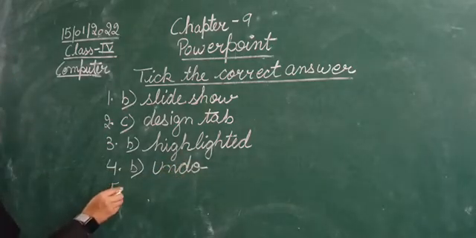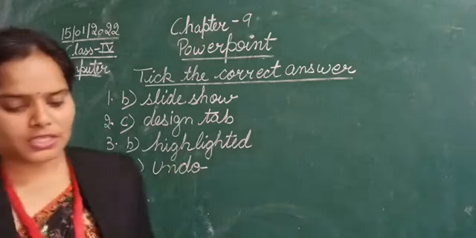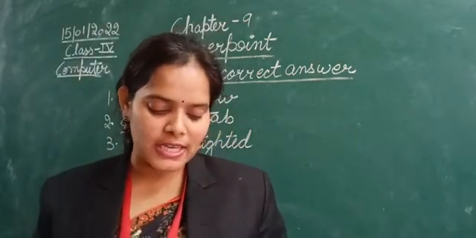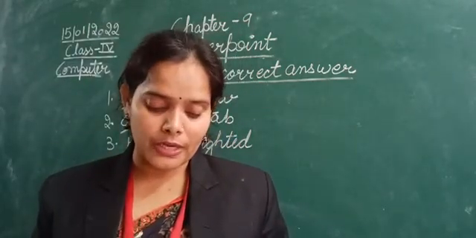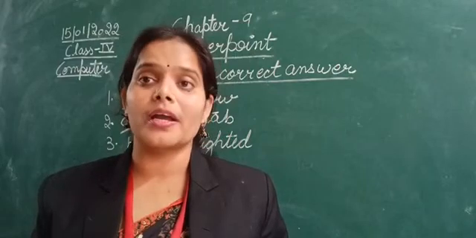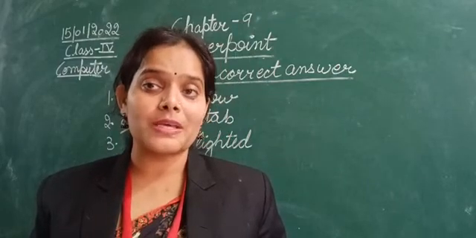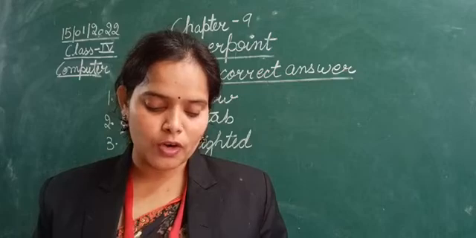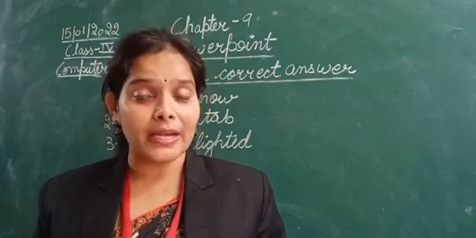Moving next to the fifth one. The fifth is: changing the font size, color, background and spacing etc. is called. Okay, so for changing color, background, spacing, what do we call it? We call it formatting.